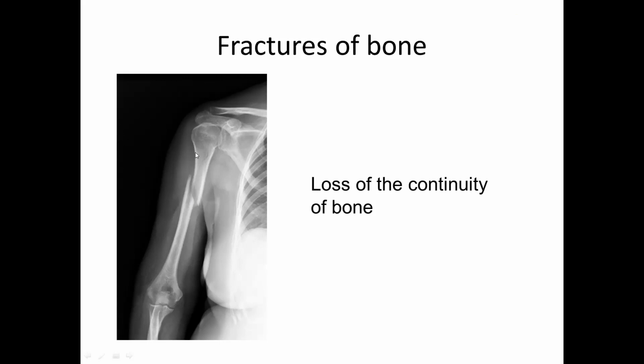If you look carefully on the side, you see that there is a gap. Okay, so this dark white area is actually the cortical bone. The medullary bone is shown with slightly less opacity. So you see there is discontinuation or loss of continuity of bone, and that is what we call a fracture.